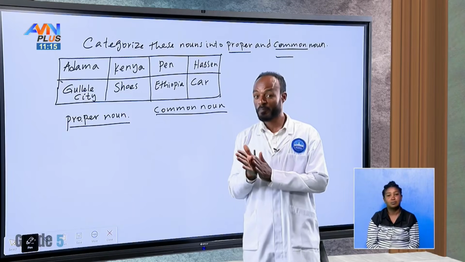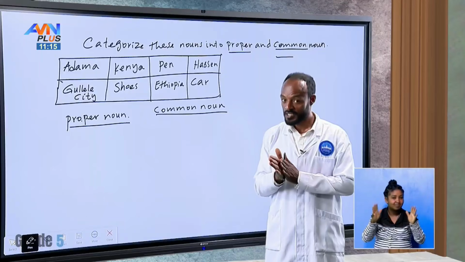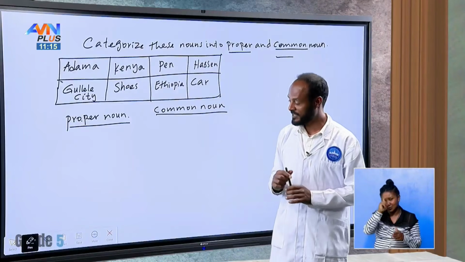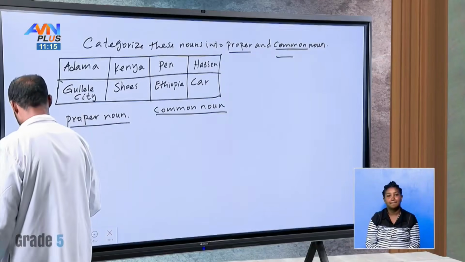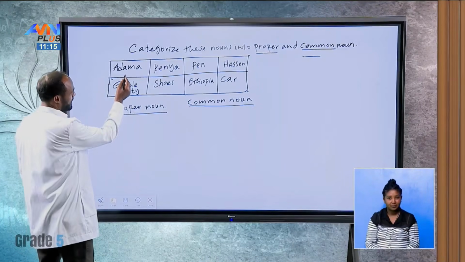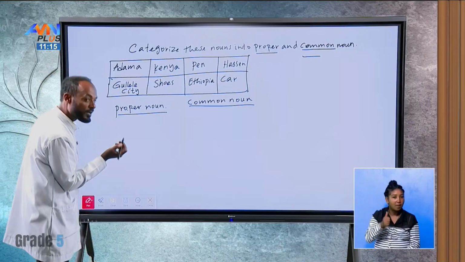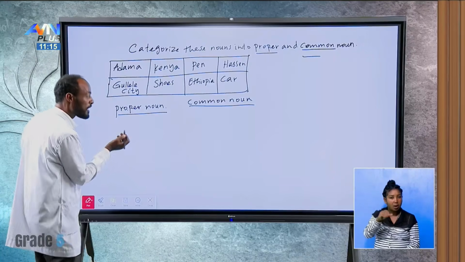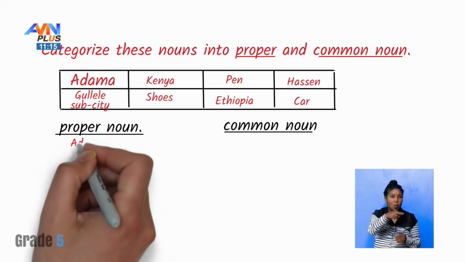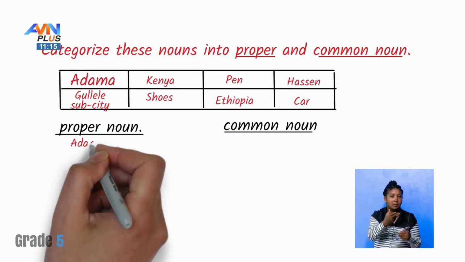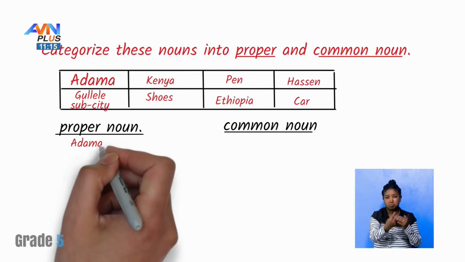Well done. I hope you are finished. Get a seat in. Excellent. Come on. We are going to categorize them. Adama? That is a proper noun. Adama is just a particular name of a city.